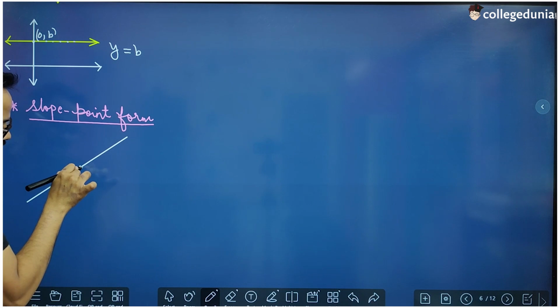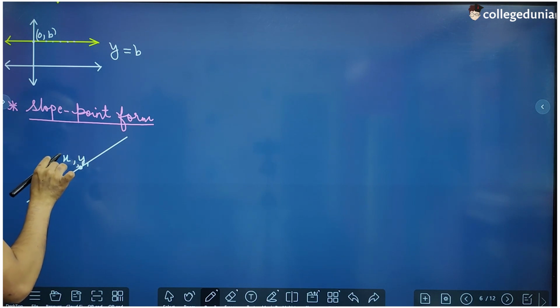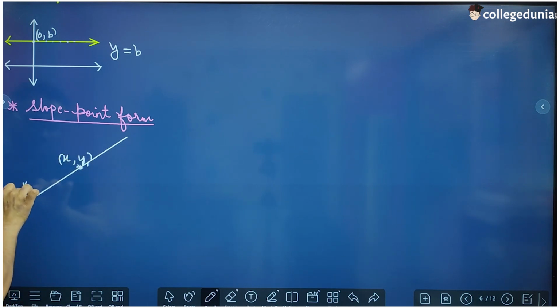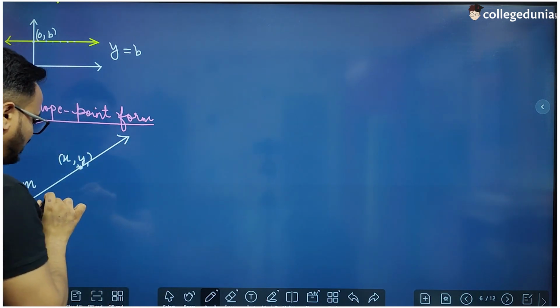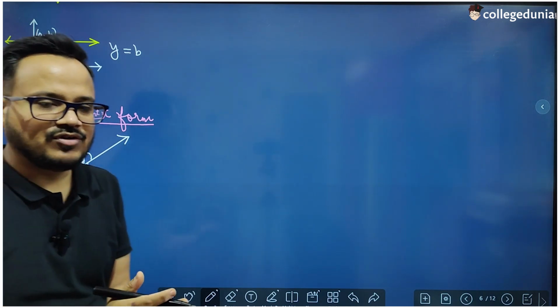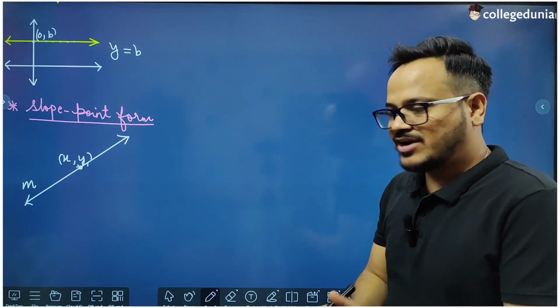Suppose this is the line and we know the coordinates of a point on this line, x1, y1, right? And we know the slope of this line, which is m. So how will we find the equation of this line? Obviously the equation of every line is going to come out in terms of x and y.